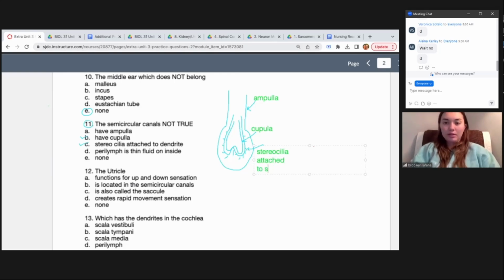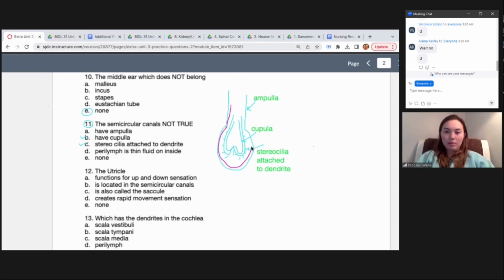And then we see that there are two types of fluid. There is the perilymph, which is a thick fluid on the outside. So D is going to be the correct answer. So here's my perilymph. And then my endolymph is my thin fluid on the inside.